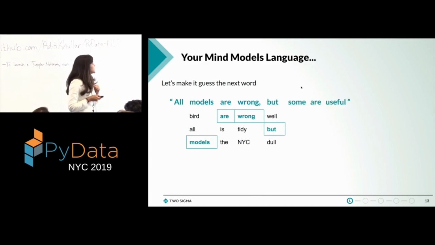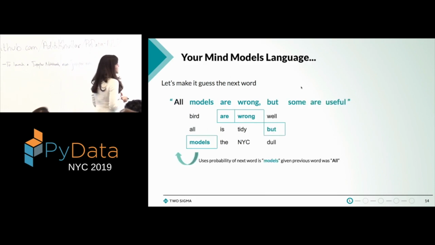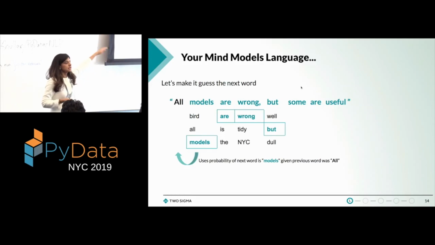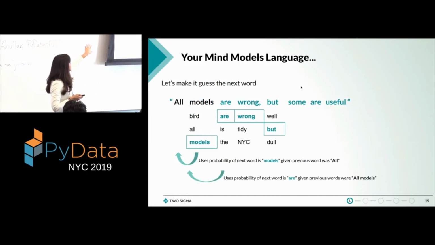So what your mind really did here, as you would have gathered, was use the past words to predict the next word amongst so many different ones that could have fit that particular space. So it uses the probability of the next word given the context. And in the second case here, you were looking at the last 2 words, and so on and so forth.